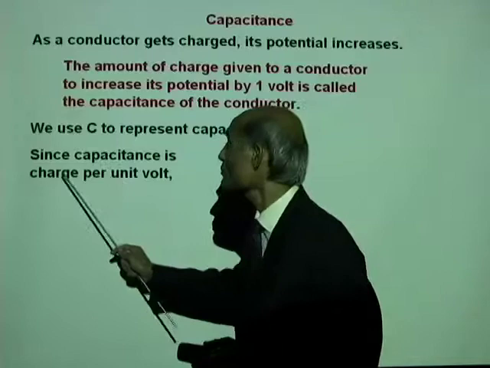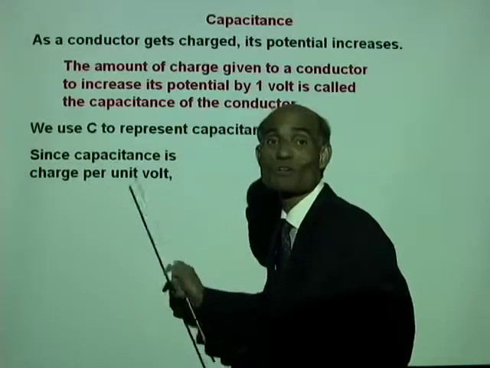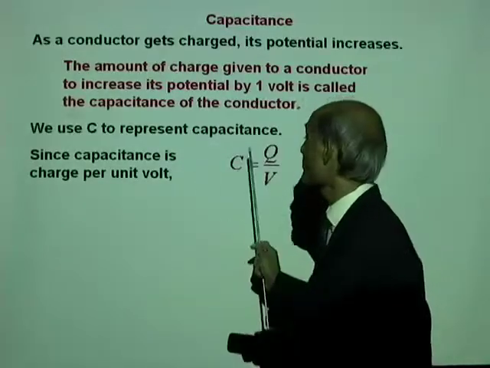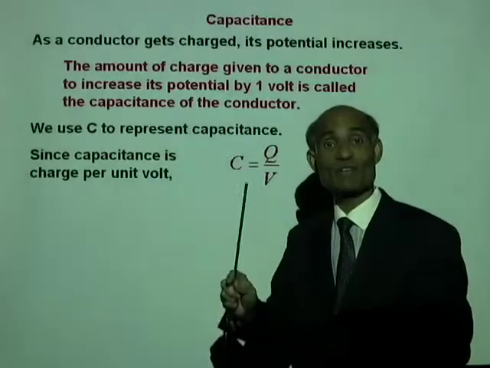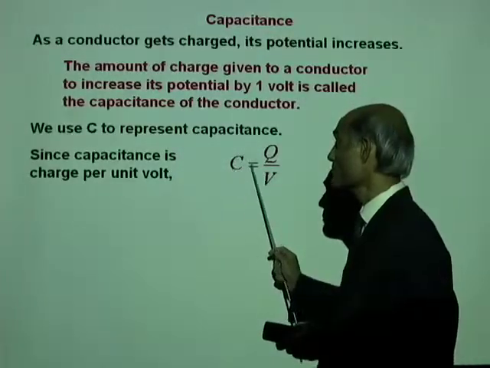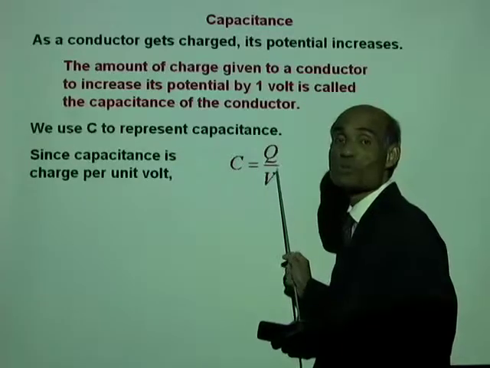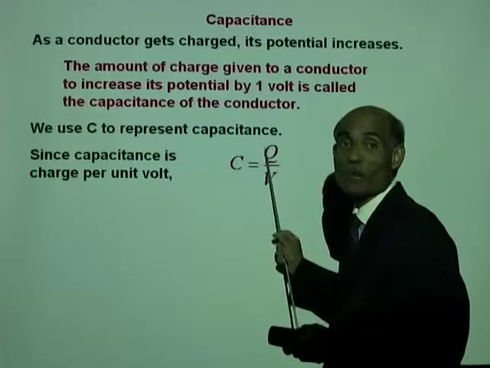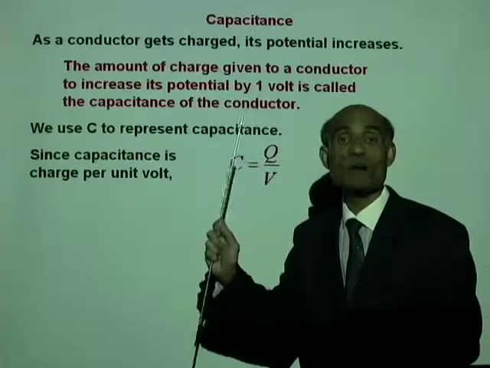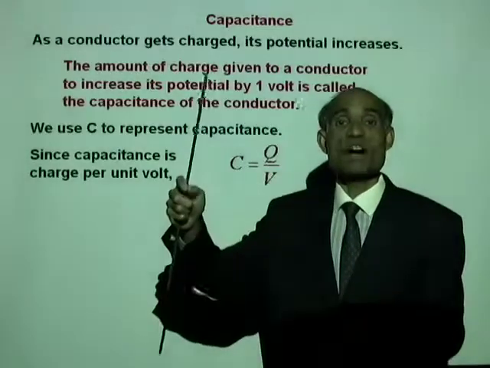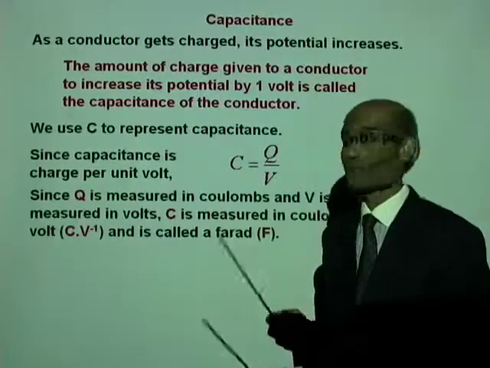Since capacitance is charge per unit volt, we can write an equation for capacitance of a conductor. Capacitance of a conductor is C equals Q divided by V, the amount of charge needed to raise the potential by 1 volt.